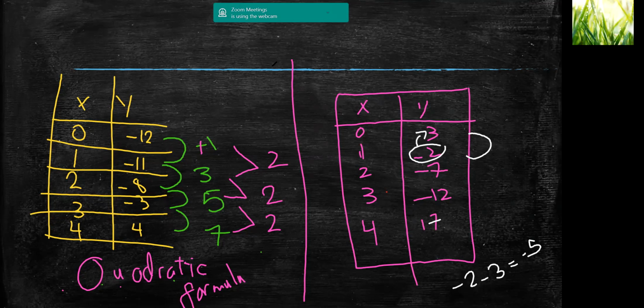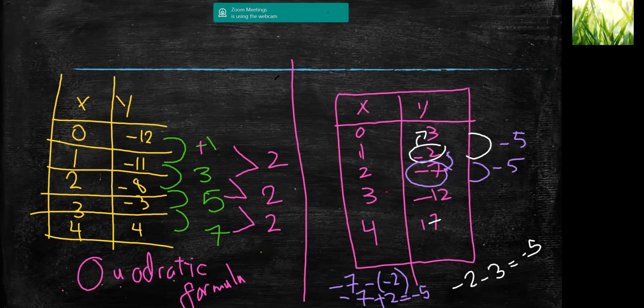Now the second one minus the first one, negative 7 minus negative 2, which is negative 7 plus 2, which is negative 5. So here we have negative 5, and here we have also negative 5.